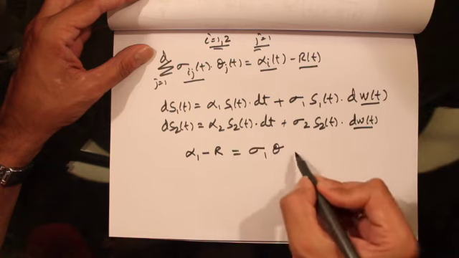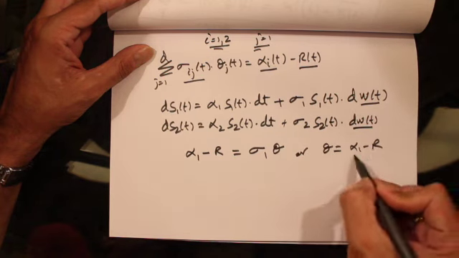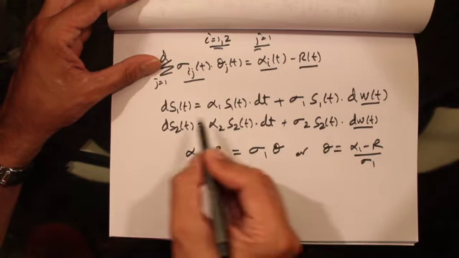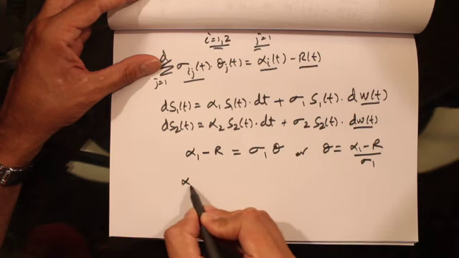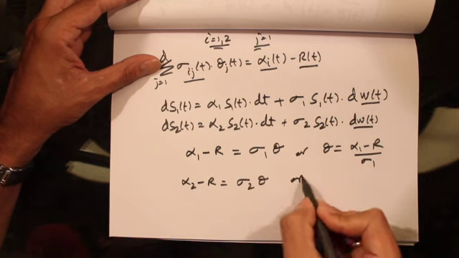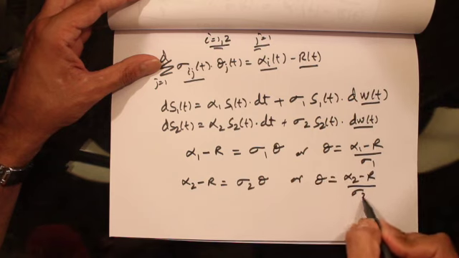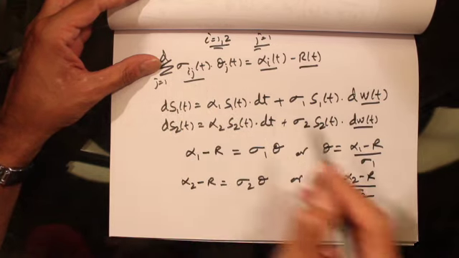That's the first equation, or theta is equal to (alpha 1 minus r) by sigma 1. Now the second equation is likewise alpha 2 minus r equal to sigma 2 theta, or theta is equal to (alpha 2 minus r) by sigma 2. That's what we get from these two market price of risk equations.